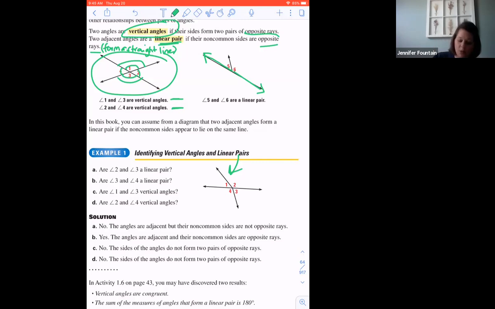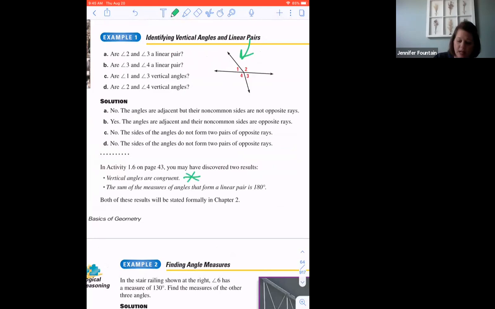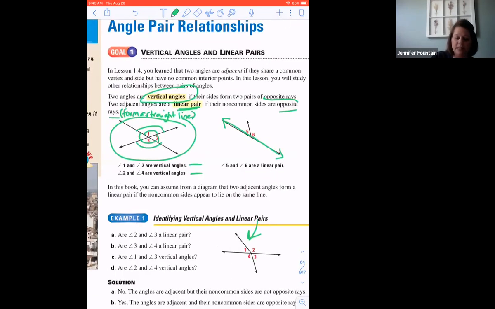All right, so here's a little note down here that if 2 angles are vertical, they are congruent, and that's what we found up here when I put our little symbols for measuring. If I have 2 pairs of opposite rays and it forms my vertical angles, then each vertical angle is congruent. They're going to be the same measure.